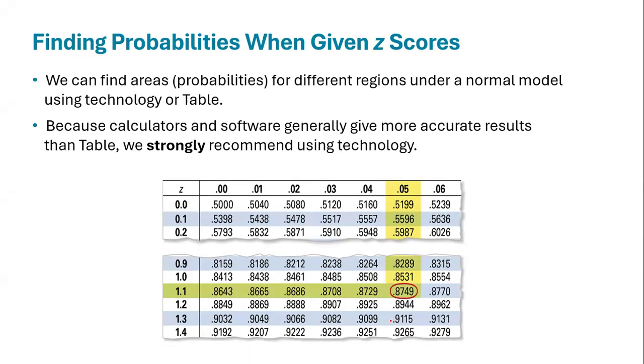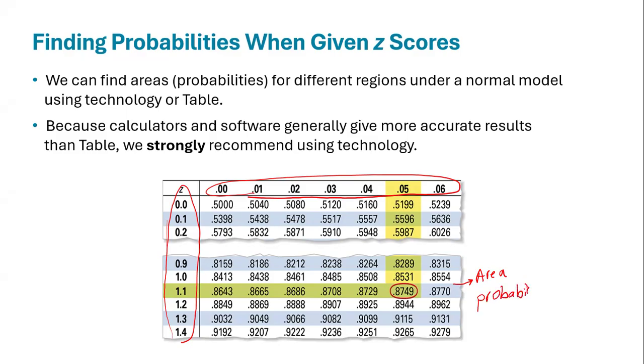If you look at this table, it's called the z-score table. In this table, the z values are given to you. The z values are made by adding the values on the left with the values on top. And the numbers in the body are the areas, the area under the curve or the probability.